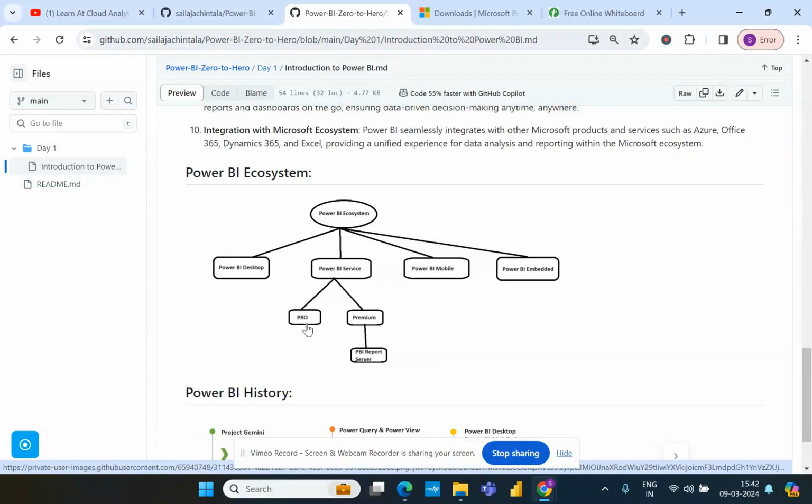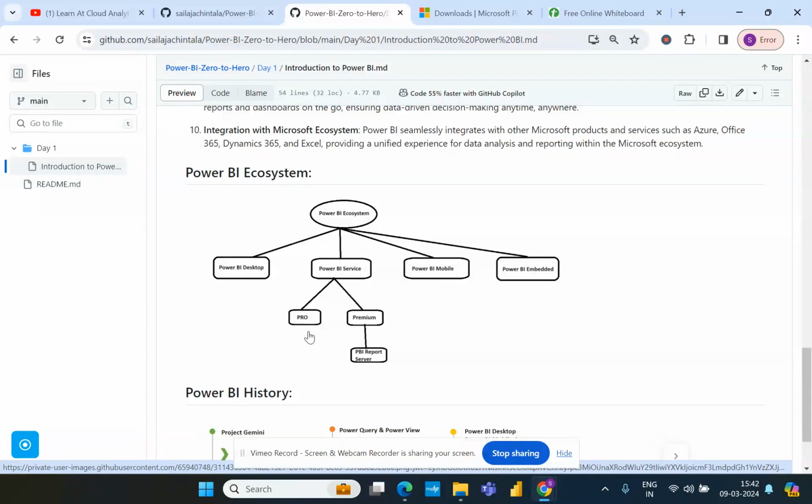So Power BI Pro license is used for a smaller organization. So let's say it's a startup company and there are hardly 3 to 5 users. For those 3 to 5 developers, you don't need to procure a heavily invested premium license, but rather you can just get a pro license, which is charged per user on a monthly basis, which is around $9.99 per month for a user.